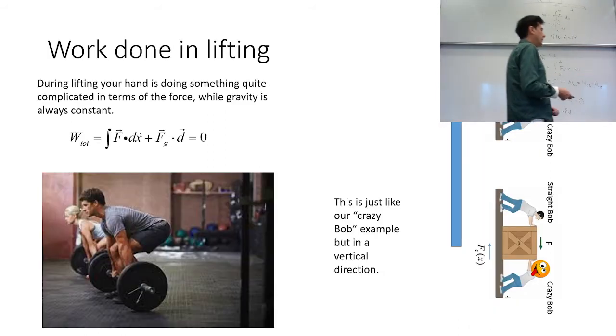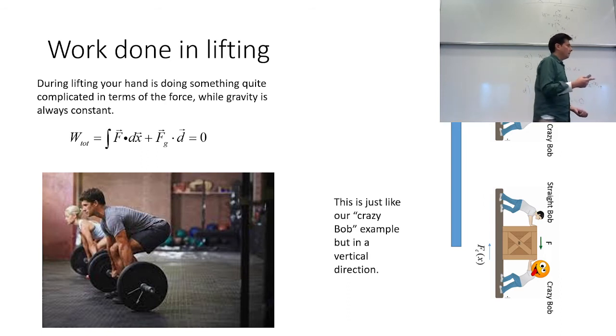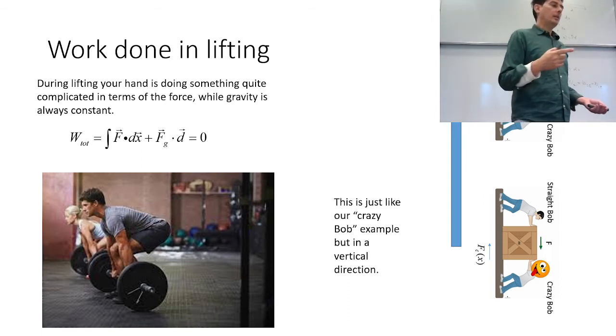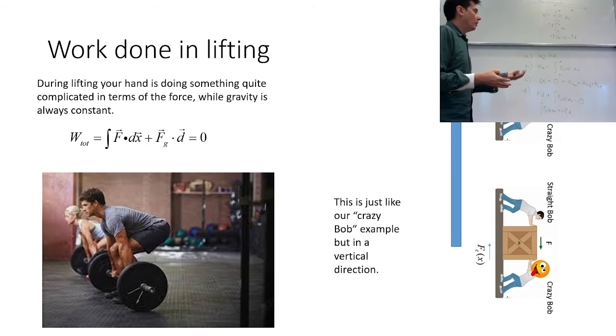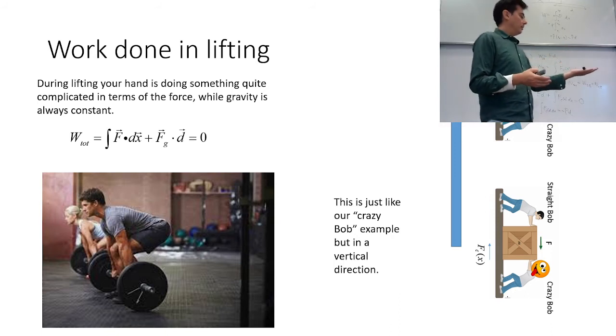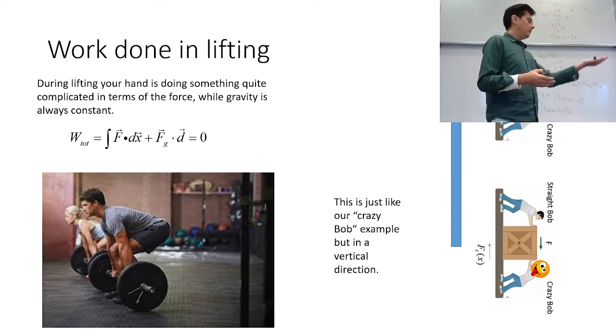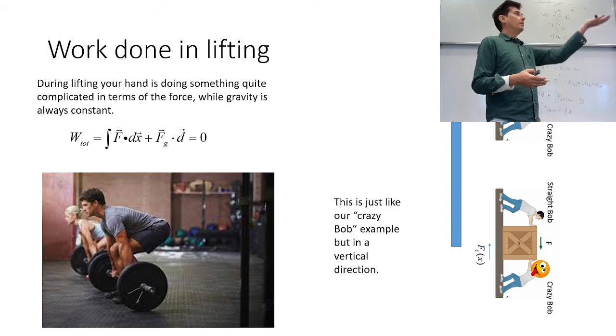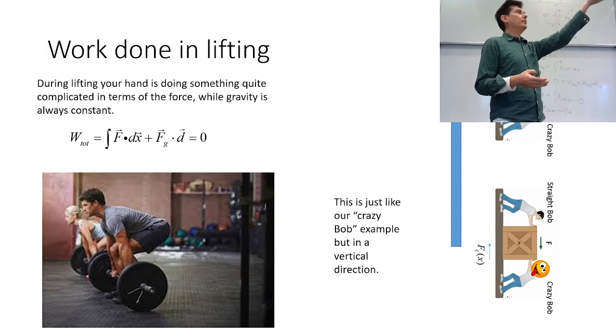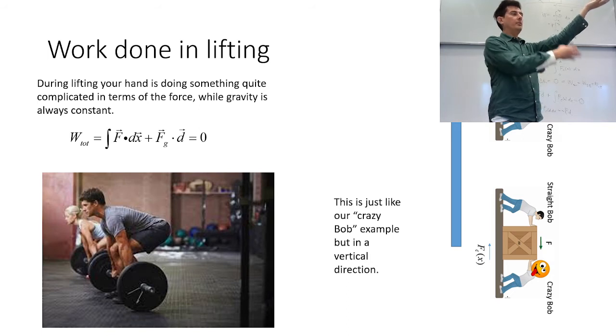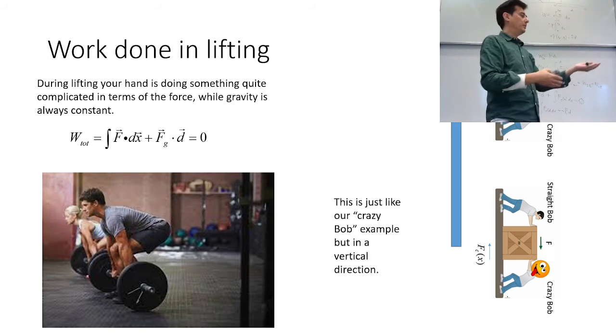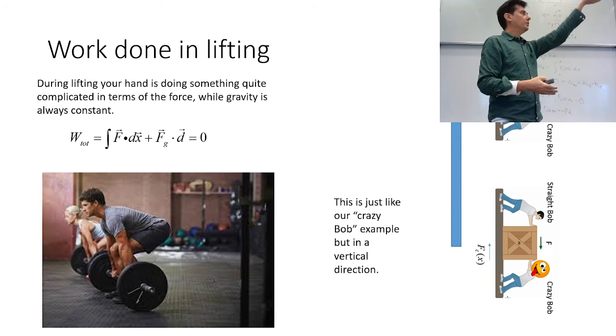So now let's look at a particular example of this, where I'm going to start this stationary, and then I'm going to lift it, and then I'm going to leave it there, right? Okay, so that's the process that we're going to think about. So it's stationary here, it's also stationary here, okay?